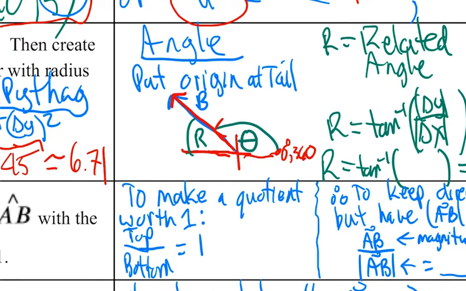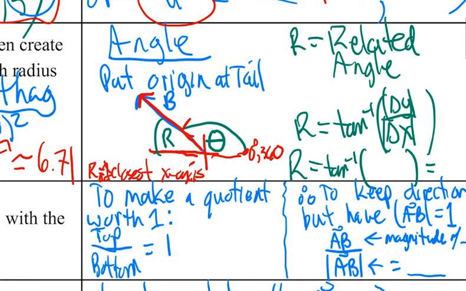R we know is the related acute angle. That's the angle between the closest x-axis and the vector.